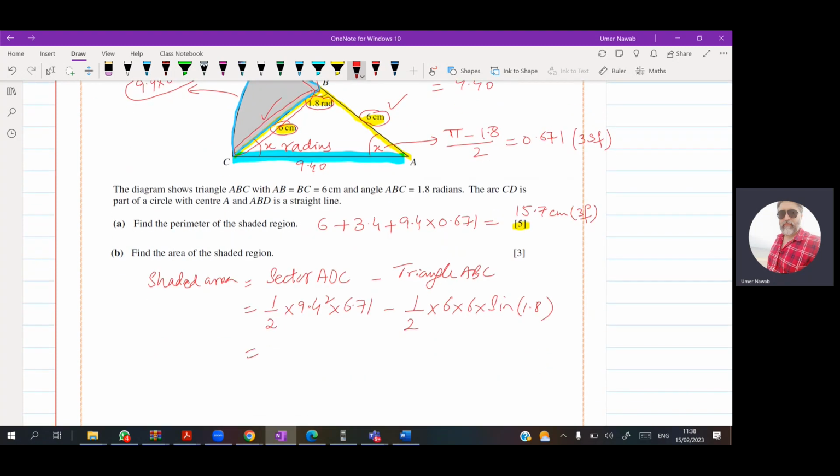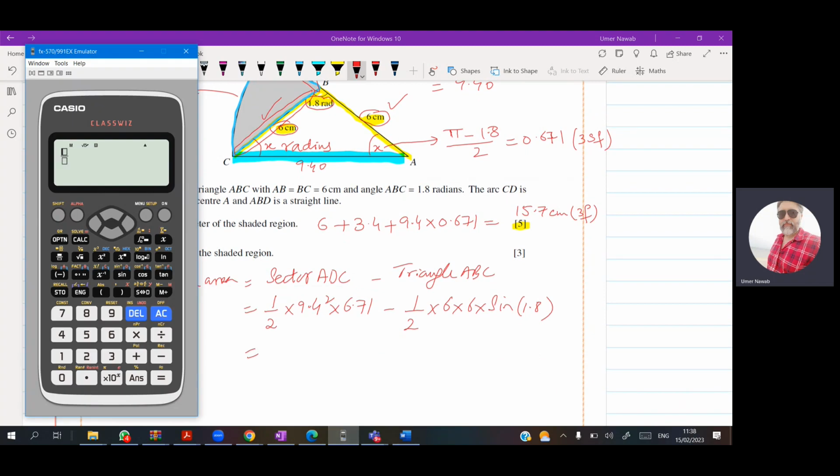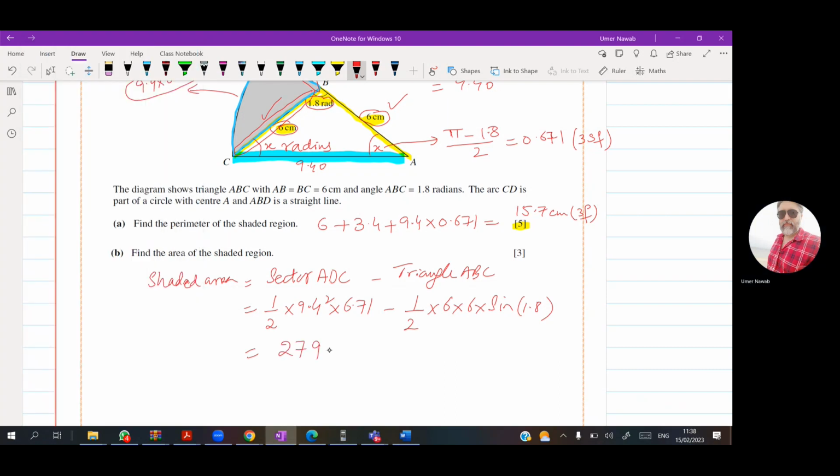So let's go ahead. Half times 9.4 squared times 0.671 minus half times 6 times 6 times sine of 1.8, and then you get your answer 279 centimeters squared, to three significant figures.